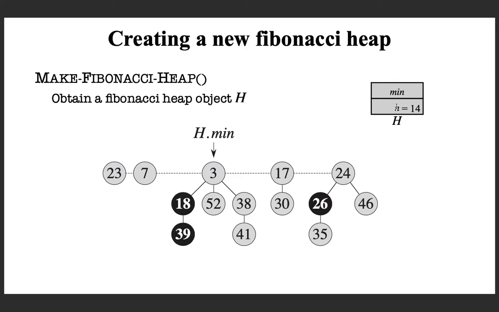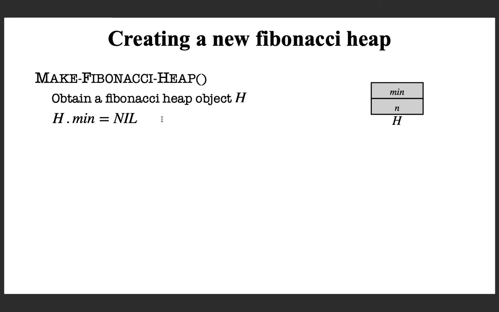And you just want to create a new Fibonacci heap where there are no trees hanging on it. So you have to say that the pointer to the min node is nil because there is no tree.